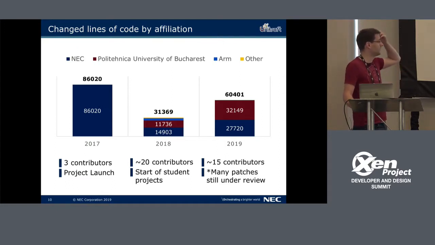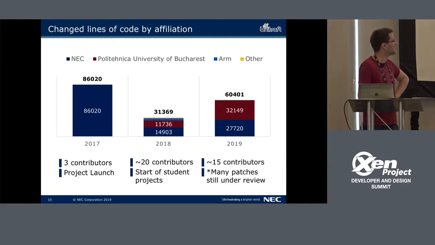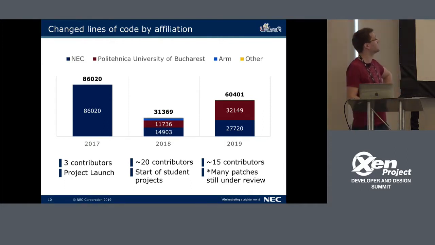And then you see 2019, and as you may know, we're in the middle of 2019, so this is a half-year number. We have already many more changed or contributed lines of code in 2019. This is also due to the fact that the lots of student projects that we started in 2018 are now finally submitting their projects upstream, so expect much more to come.